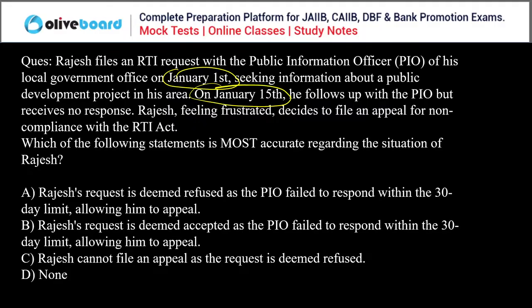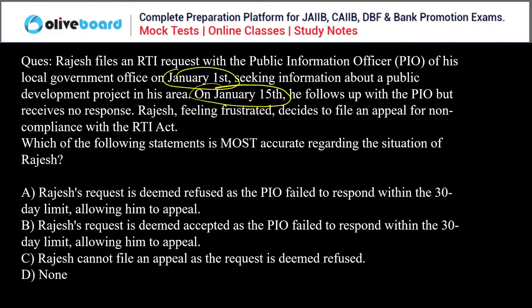See, when the public information officer fails to respond to you within the 30 days limit, say on January 1 and 15, they fail to respond within a 30 days limit. It means that first of all, your request is refused.